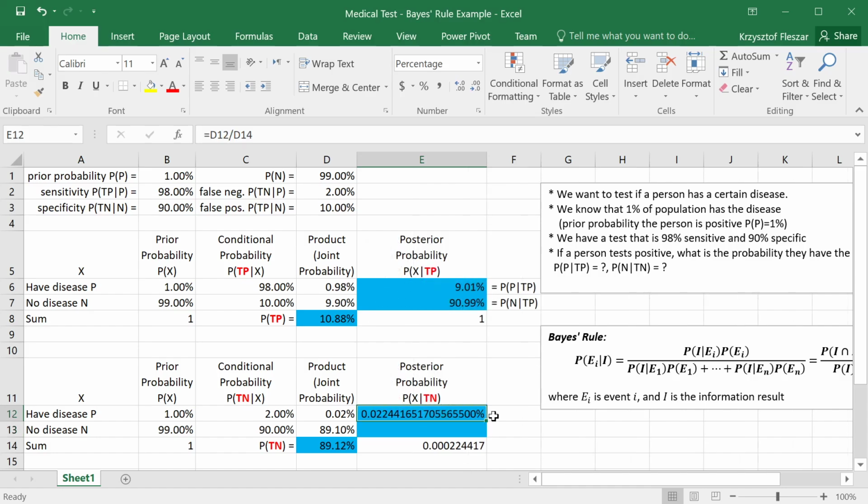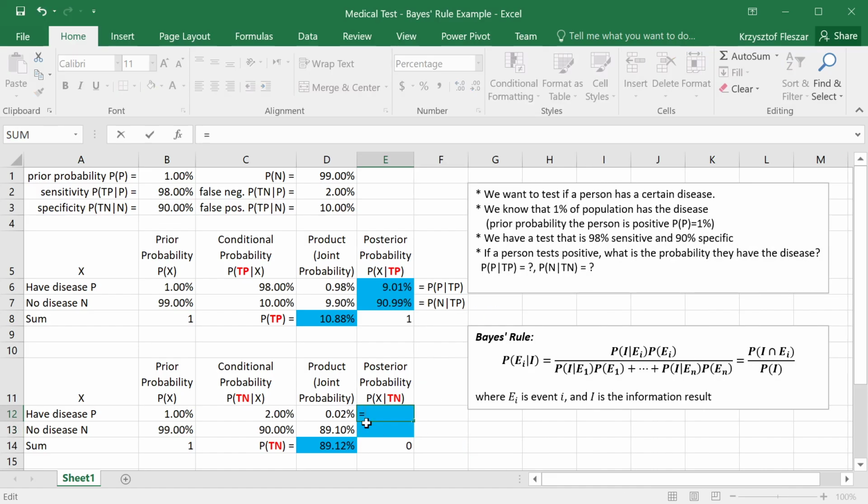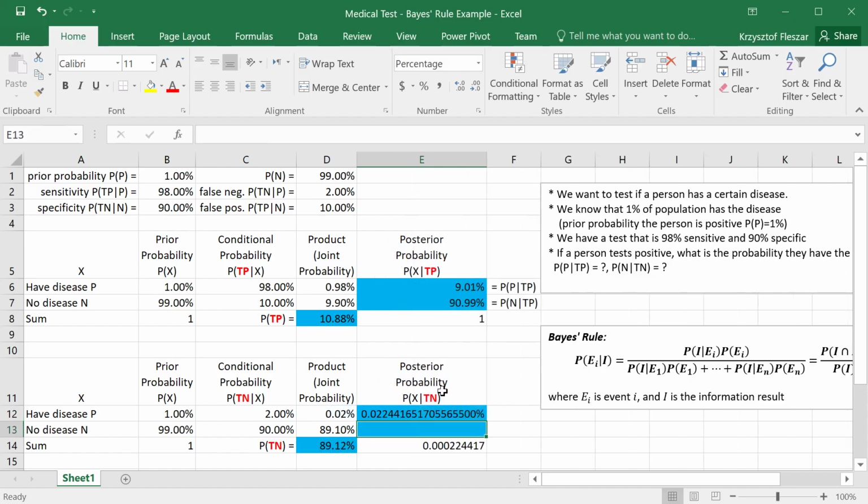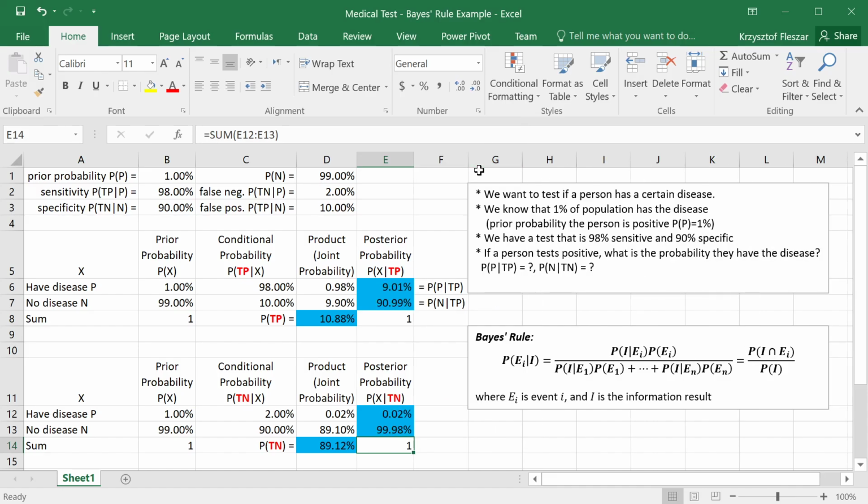And again, copy it here. Oops, I need to, this, divide by this, and I put 4. For some reason, Excel is putting a lot of digits here, and I will copy it down, right? And you see the summation here is 1, right? And so this probability here, 99.98, is the other interesting probability that we wanted.